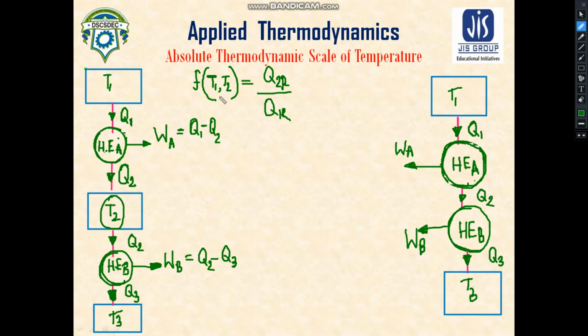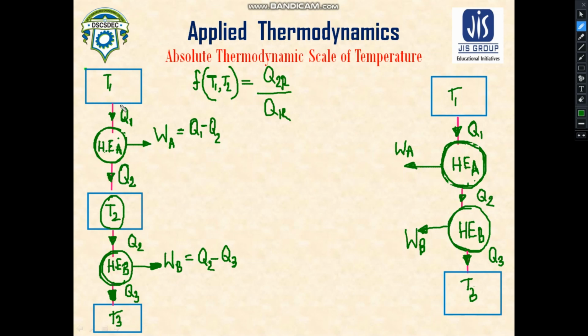Now from the understanding which we have just discussed, we can say the ratios of heat rejected and the heat received can be expressed as functions of the two temperatures, that means the temperatures of heat addition and heat rejection.